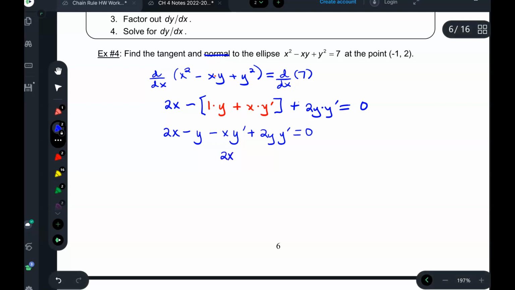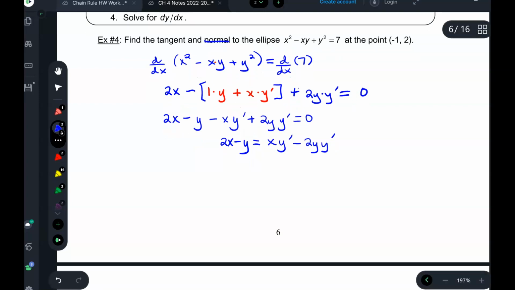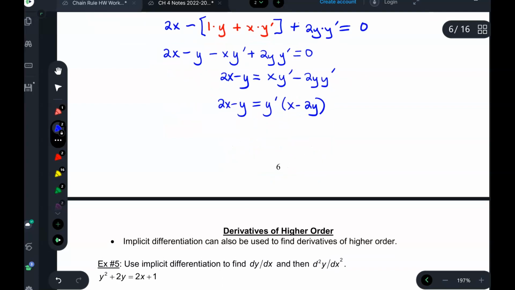Maybe what I'll do is I'll leave the 2x minus y, and I'll move the x y prime minus the 2y prime to the right. Good. Oh, we just took it out. I just factored it out.